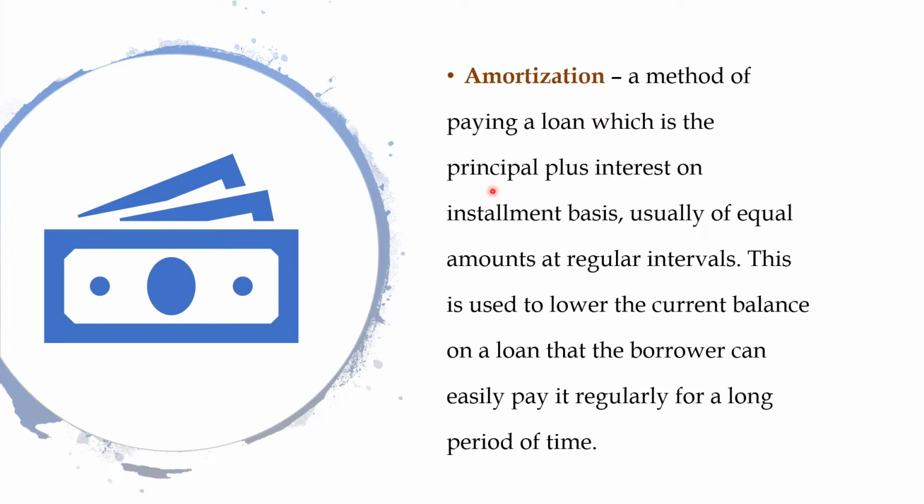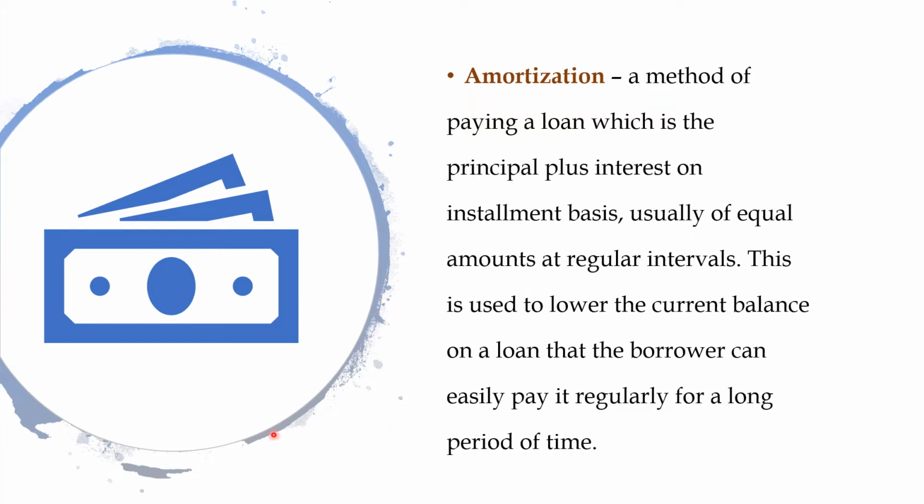Ibig sabihin, may bahagi ng principal na binawas at kasama ang interest hanggang sa tuluyan mo nang mabayaran lahat ng inutang mo. Okay, so the purpose of amortization is to lower the current balance on a loan so that the borrower can easily pay it regularly for a long period of time.